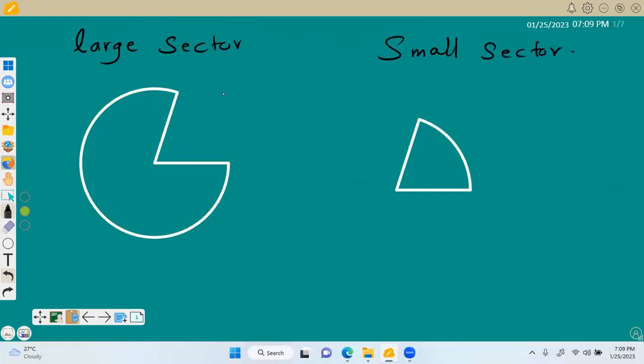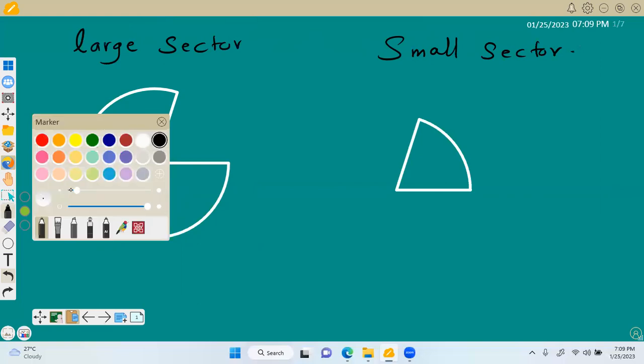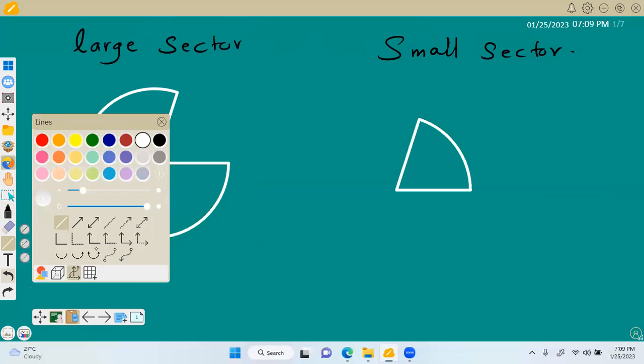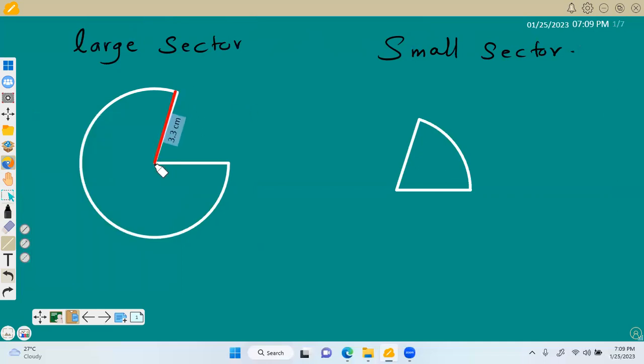Okay, and when we consider a sector, there are three main parts you have to remember. If we consider a sector, it is bounded by two radii. Okay, these two straight line segments are what? They are the radii of the circle. When we consider a small sector, also there are two radii.